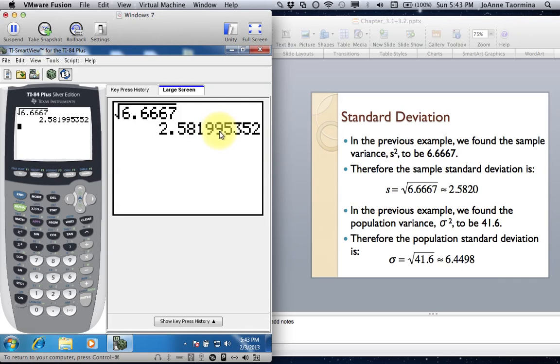Because I have a 9 in the 5th place, I have to turn that 19 into a 20, and that's where the 2.5820 comes from. Now the next one: second, square root, type in 41.6, hit enter, 6.4498. There's a 0 in the fifth place, so you can leave that as 98, and that's good.